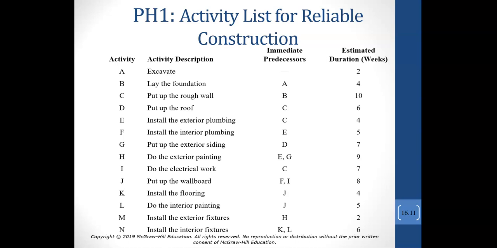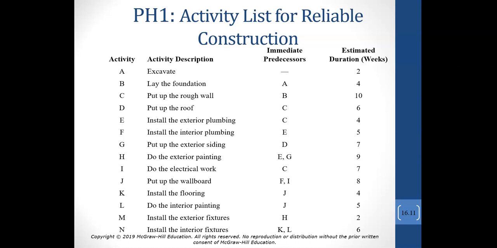You can imagine that within each one of these major activities, there's sub-activities underneath them, because lay the foundation isn't as simple as lay the foundation. So they'll have a very, very detailed project schedule under each one of these activities. We're just going to keep ours at the high level with these major activities.